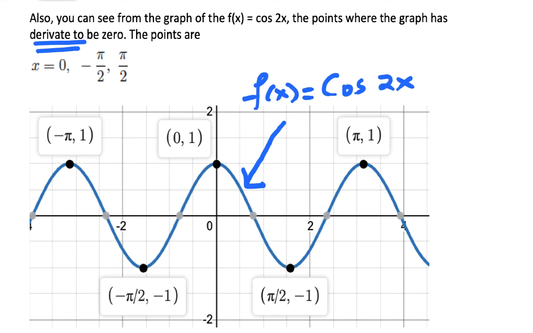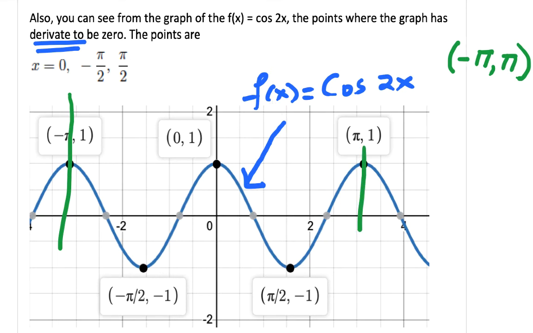So when we look over here, notice the graph has to be in the interval minus pi to pi. Guys, keep in mind, the interval is very important. So we're looking at the points of the original graph from minus pi to pi.